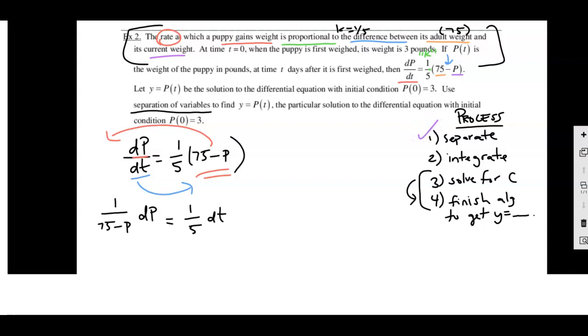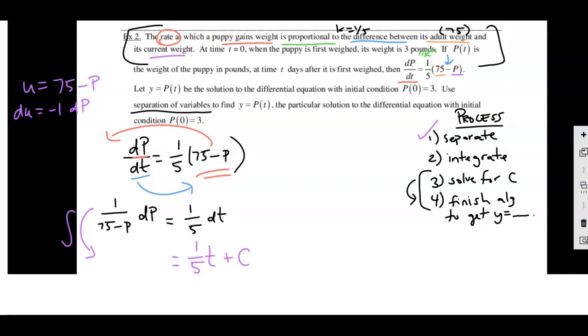We have separated. Now we need to integrate. So here we're going to go from this step to the next. We're going to integrate. Now the right side is just going to be 1/5 t, and we'll put the plus c on that side. On the left, we need to do a little bit of a u sub. We're going to set u equal to 75 minus p. That means du, the derivative of 75 is 0, but the derivative of negative p would be -1.